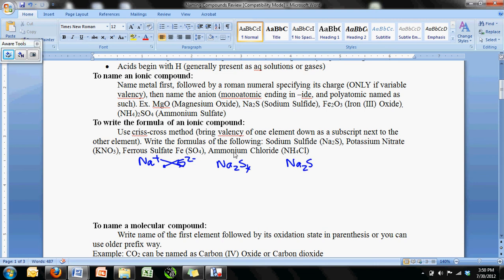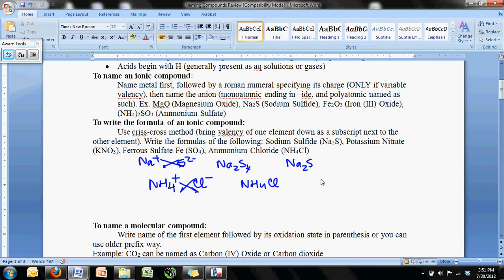So to write the formula from the name, you use the crisscross method, where you bring the charge of one ion next to the other ion as a subscript. Similarly, ammonium chloride, you would have memorized that ammonium is NH4 with a +1 charge, chloride is Cl with a -1 charge. You crisscross them and it is NH4Cl.